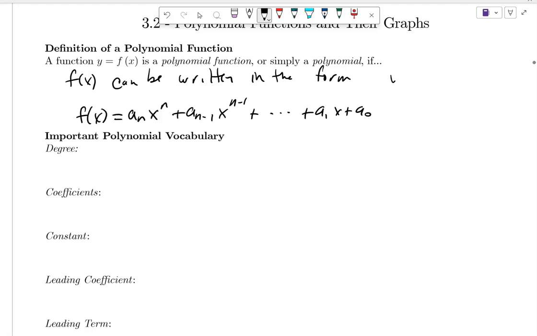Okay. Where the numbers, the a0, the a1 up to the an, are real numbers. And the n is a non-negative integer.